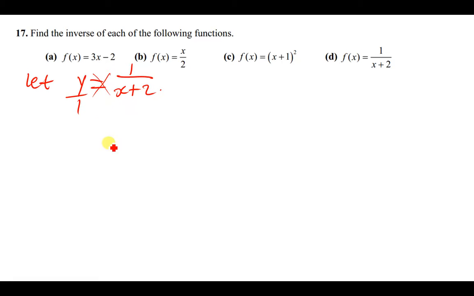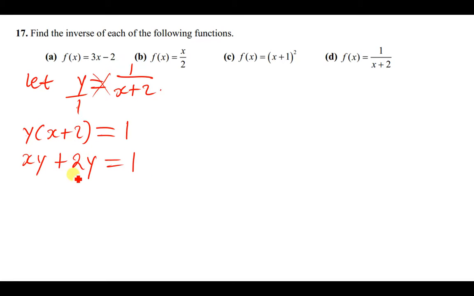So when we cross multiply this side, we're going to have y multiplying with (x plus 2), and you also have 1 multiplying with 1 that side. So what you have now is y(x plus 2) is equal to 1. When you have such, you can distribute the y throughout the bracket. So y times x, we're going to have xy, then plus y times 2, we're going to have 2y, then this will be equal to 1.